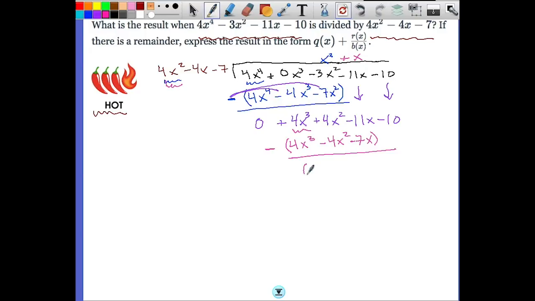So we subtract this first term, that goes away. Don't forget we do need to distribute each of these terms. So this double negative here makes this positive 8x squared, and then a double negative again makes this a positive 7x with a negative 11x. That is going to be negative 4x.